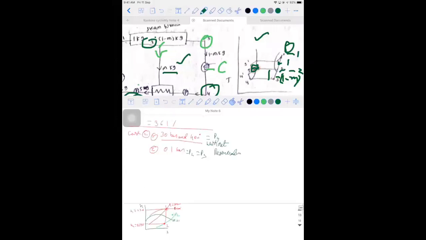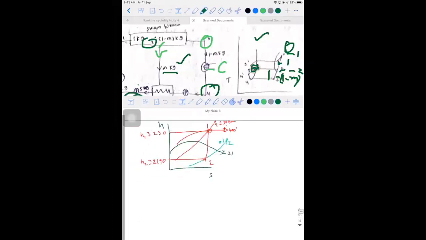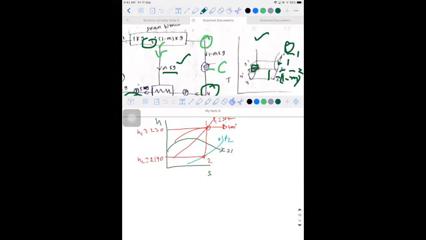At present, it is to be expanded to the 0.1 bar. Please note down, in this case, the pressure here itself is 0.1 bar. Now, straight away, previous H3 is present H2. Or you forget about the previous one? Straight away expand from the 30 bar to 0.1 bar. Draw this line and tell me what is this value.